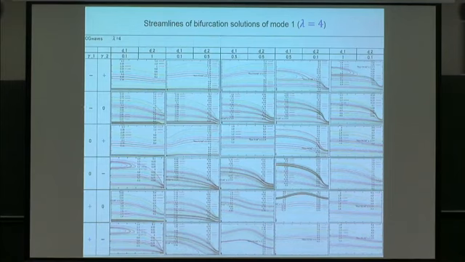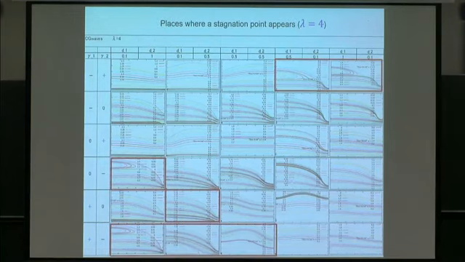And the horizontal rows are of the same sign of gamma 1 and gamma 2. The streamlines are plots of the highest wave of each solution, so they are drawn at different scales. And we can see a stagnation point appears in these 7 places.